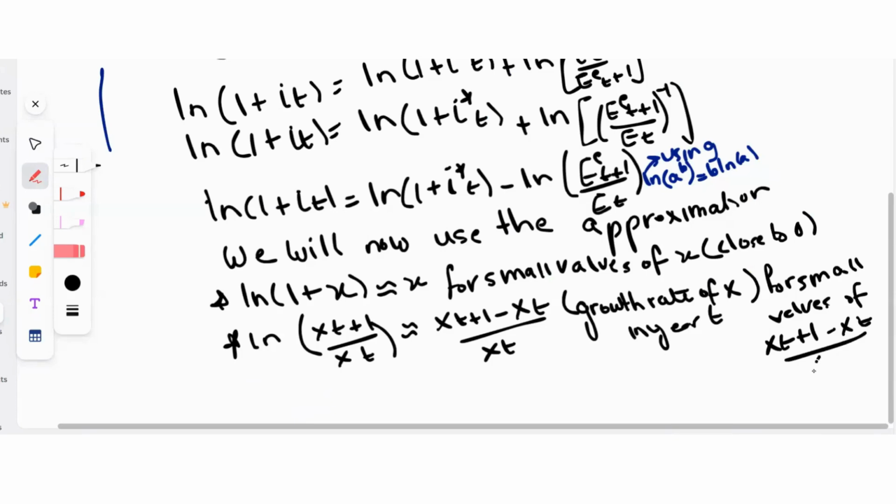So basically, for small values of the growth rate, we can approximate the growth rate as ln(x_{t+1}/x_t).